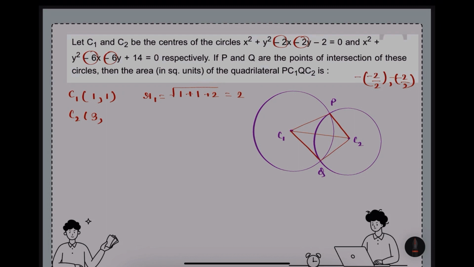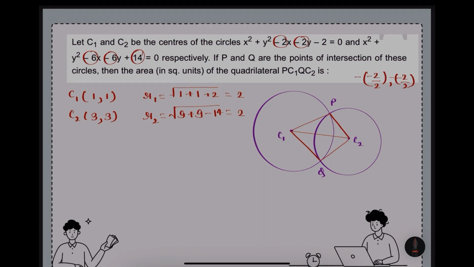Coefficient of y divided by 2, minus 3, then multiply by minus. So this is the center. Now go with radius 2. So 9 plus 9 minus c, where c is 14. So 18 minus 14 is 4. So the radius is 2.